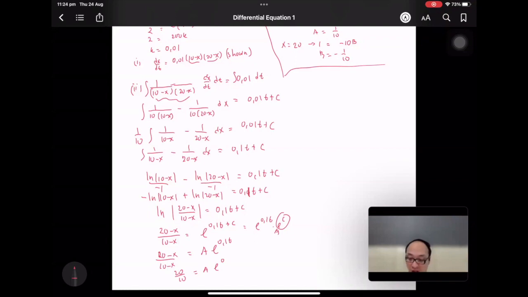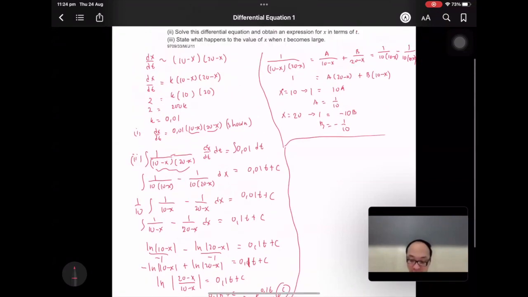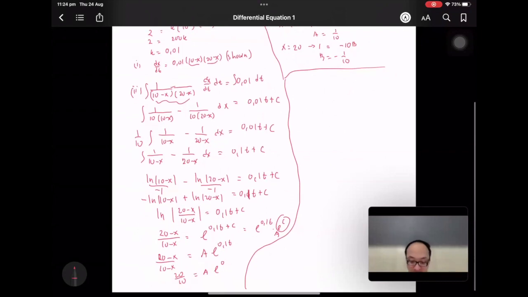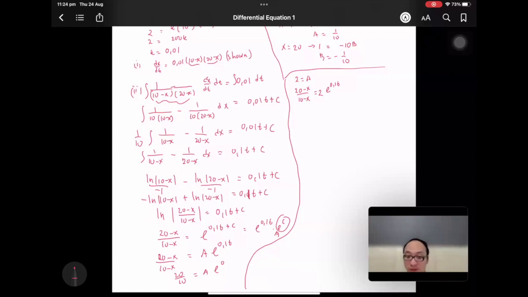Okay, I will continue here. So 2 equals A. That means it will be (20 minus x) over (10 minus x) equals 2e^0.1t.